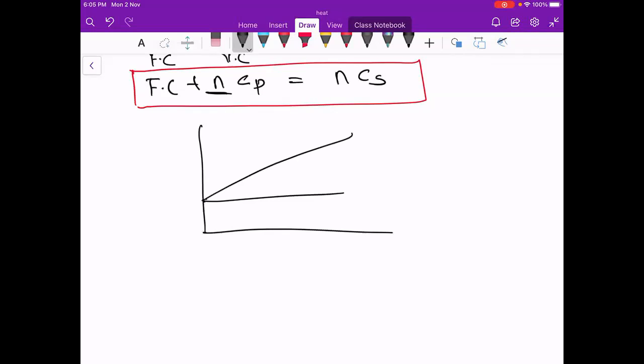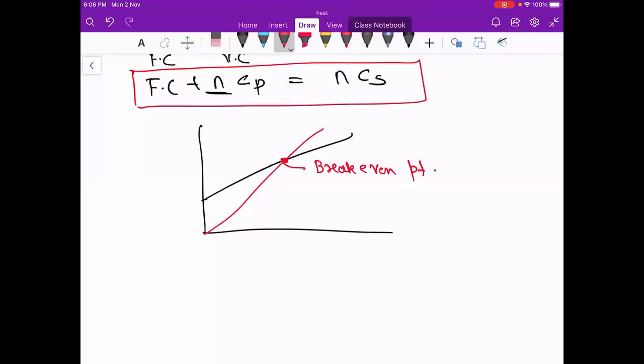The graph is like this. Here, where the intersection is coming, we call it the break even point.